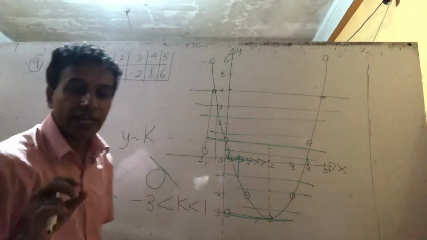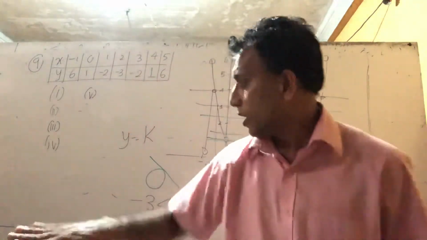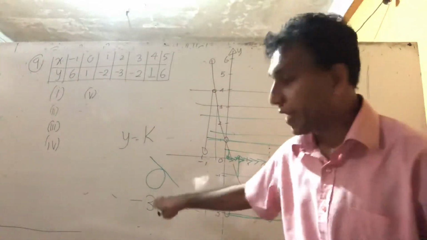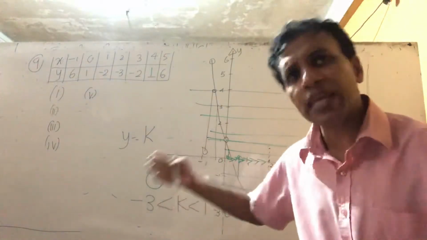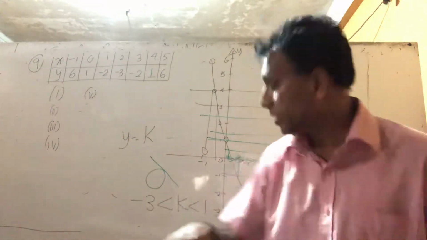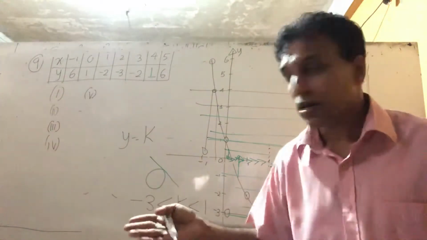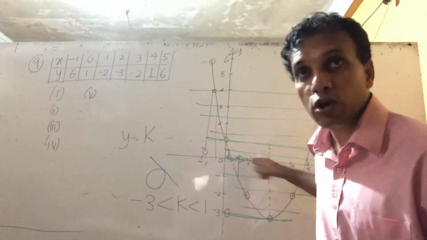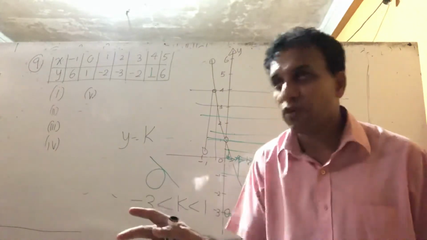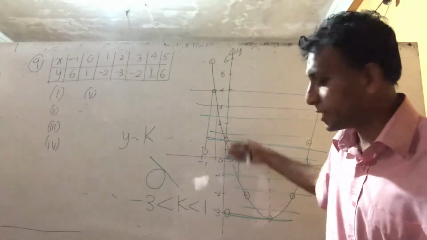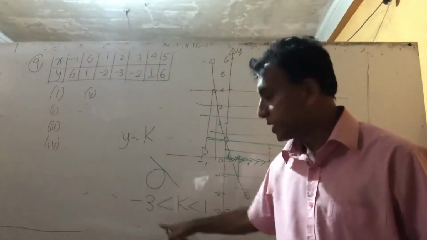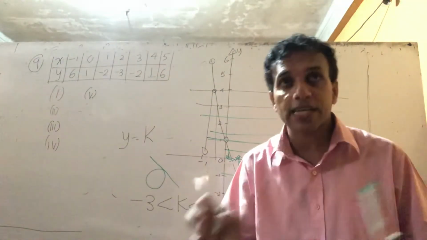When writing the inequality, always write small to large, right? So k takes any value more than minus 3, not only whole numbers, like minus 1.5, minus 2.23, 0.5, or 0.6, any value, but more than minus 3, less than 1. Therefore, that is the k boundaries.